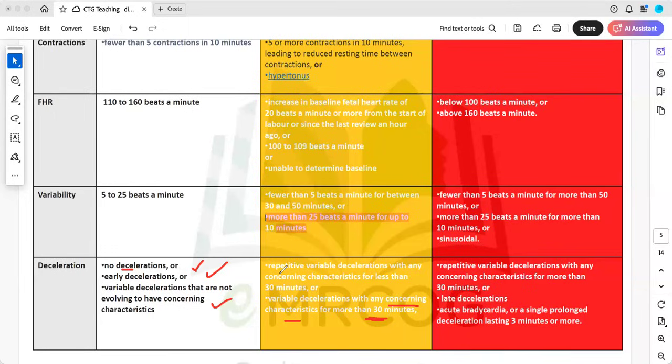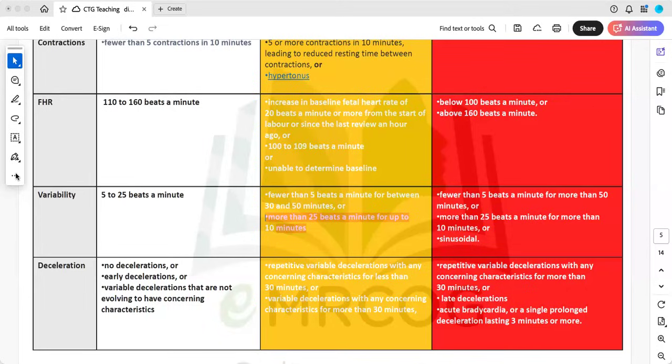But if it is repetitive as well as a concerning characteristic present, so this is a double risk factor, that means less than 30 minutes I am suspicious, but if it is 30 minutes or more, it will go to the red and the CTG becomes now a pathological CTG. So please be careful with the variable deceleration.